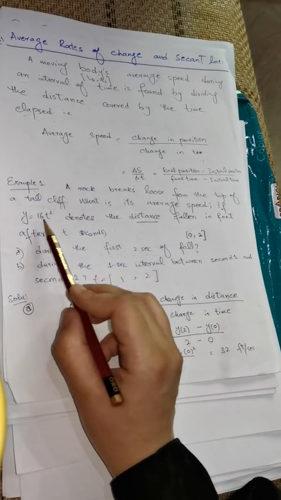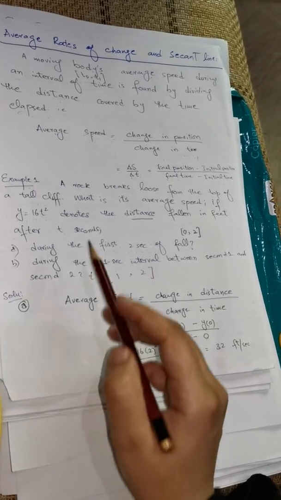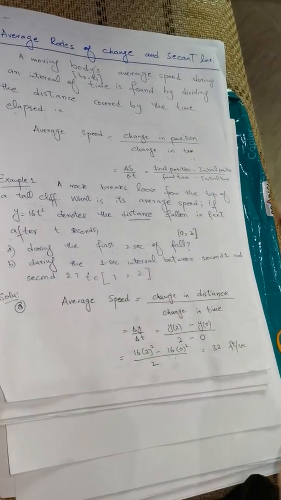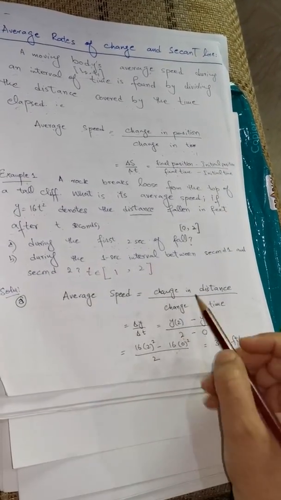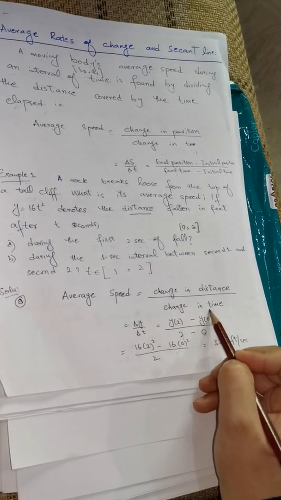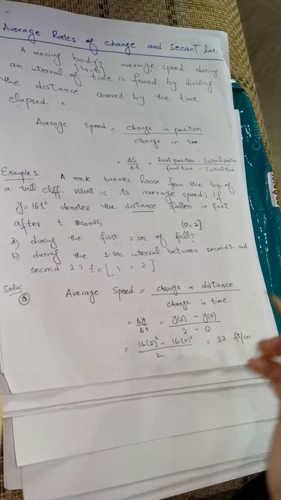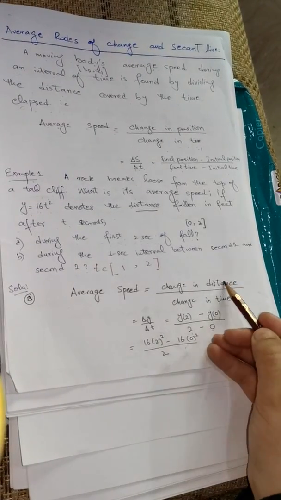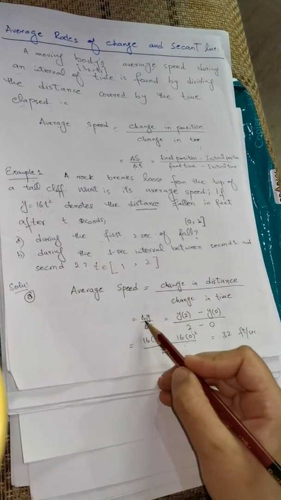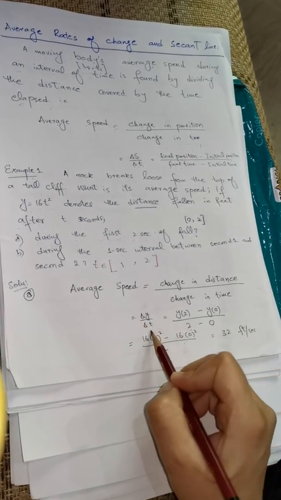According to the above definition, average speed is equal to change in distance divided by change in time. In this case, distance is denoted by y, so this is delta y over delta t.